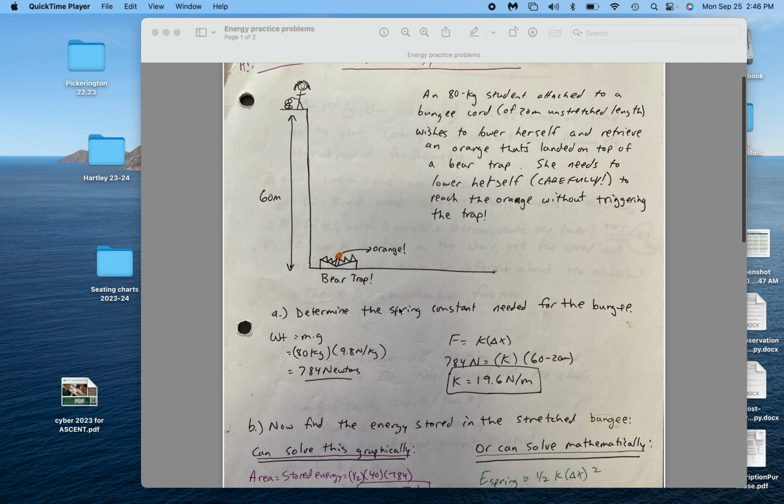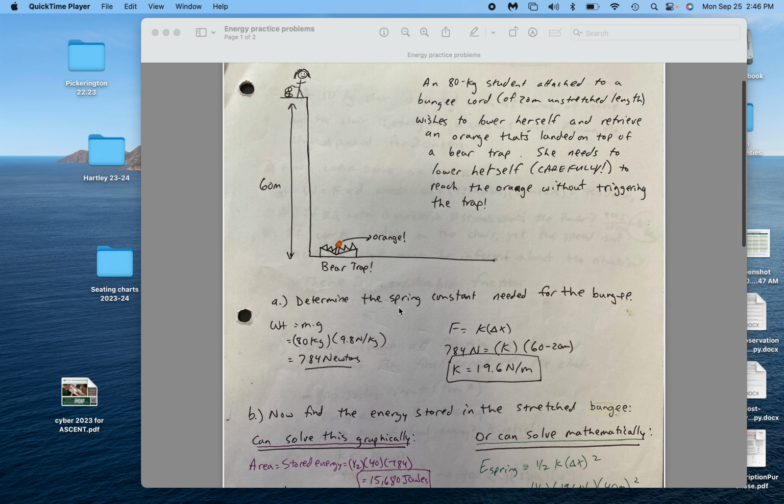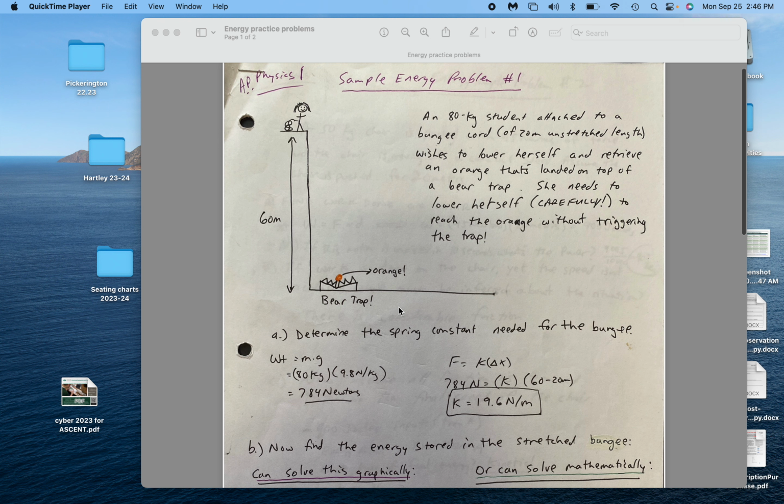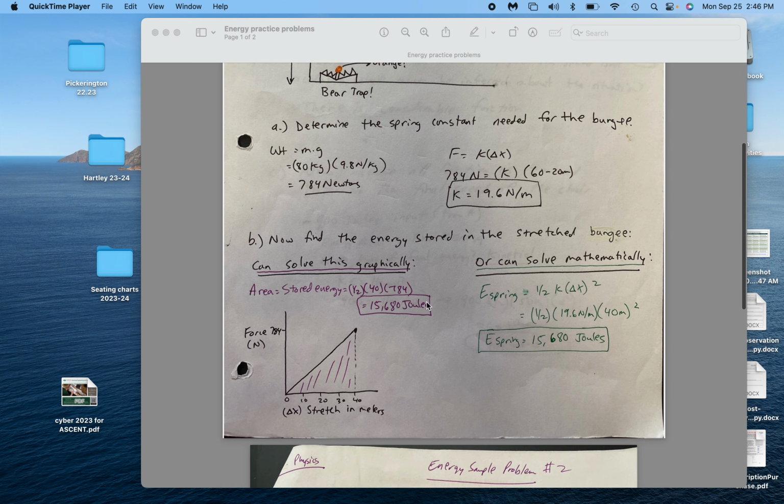So the next thing I want to do is find the energy stored in the stretched bungee. You could either do this graphically or mathematically. Mathematically, 1/2 k delta x squared. Graphically, you could do something like this.